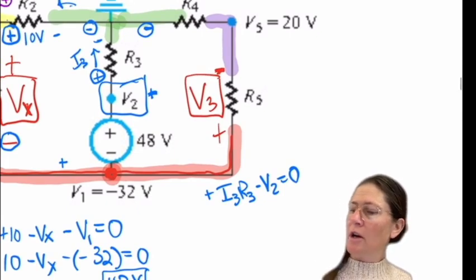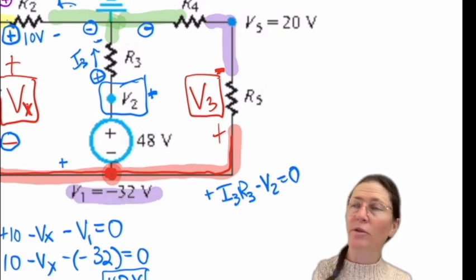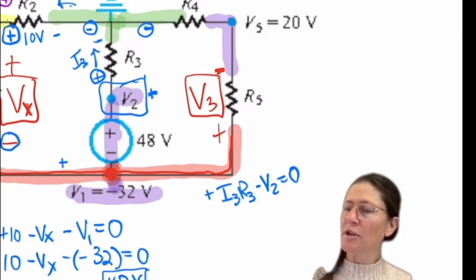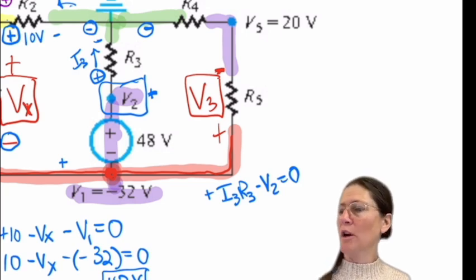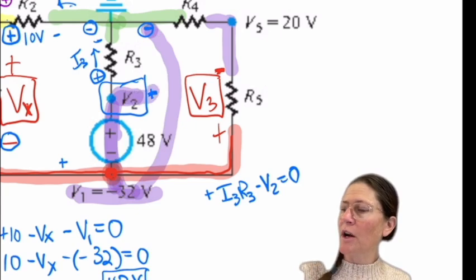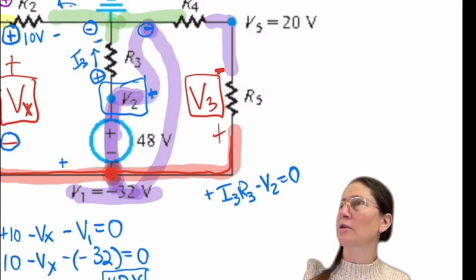Or I could go through V1, which puts me from ground to that point, and then through that element to V2, which then goes back to ground. So it goes from here to V1, through here, and then through V2 back to ground.